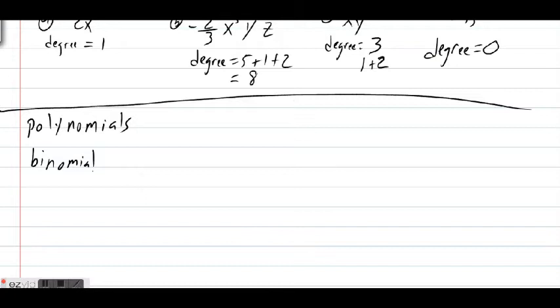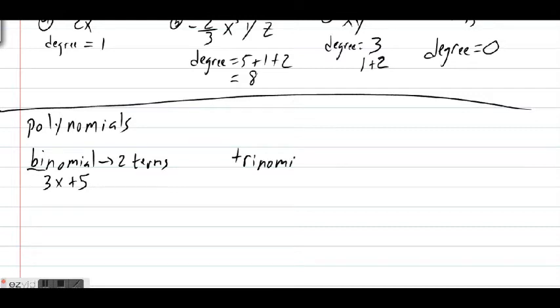A binomial, if you recall from the example with not a monomial, has 2 terms. So think of bi, bicycle having 2 tires. Binomial is going to have 2 terms. An example would be 3x plus 5.